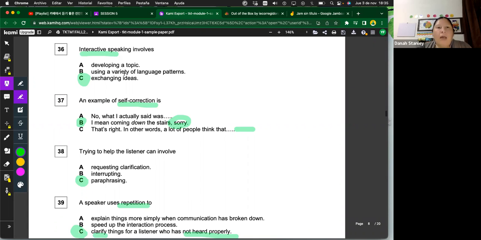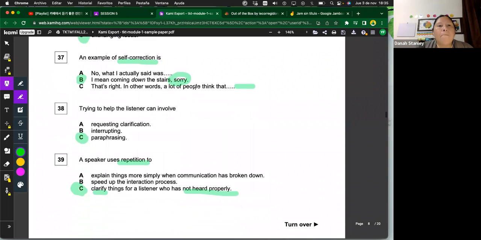I can be speaking alone, in front of an audience, where this exchange of ideas is not taking place. Using a variety of language patterns, no, because here we are talking about the interchange, or this communicative flow. We are not talking about accuracy, okay?